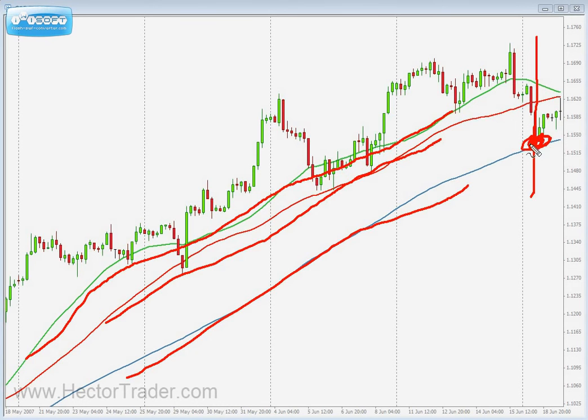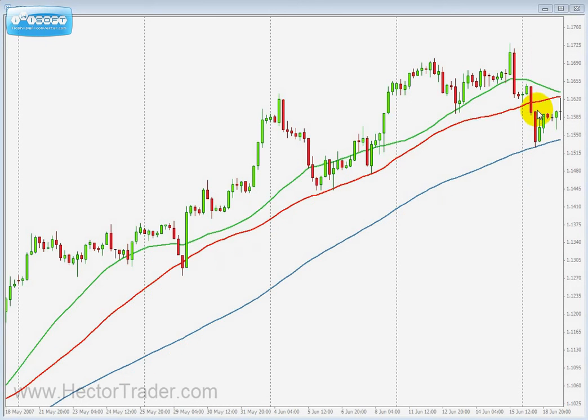Price has touched the 100. Now another condition that is not applying anymore: price is not remaining above the 50. In this uptrend, price is not spending most of the time on the right end of the 50 simple moving average. Remember when I said 1-2 bars below is okay, but now we've had 1, 2, 3, 4, 5, 6, 7 bars. That's definitely price not spending time at the right end of the 50 anymore.